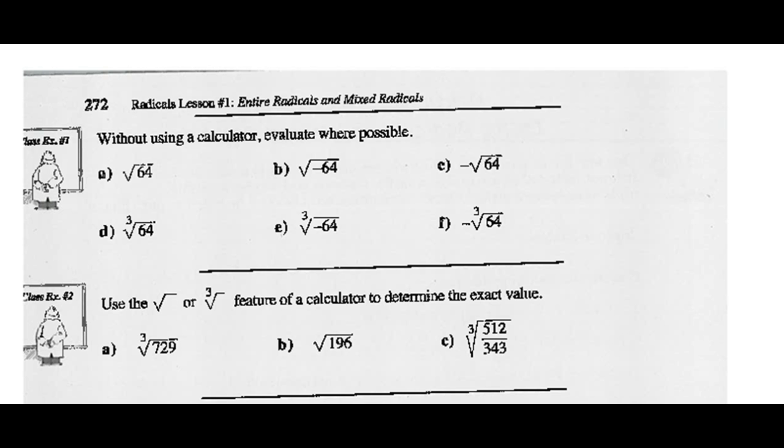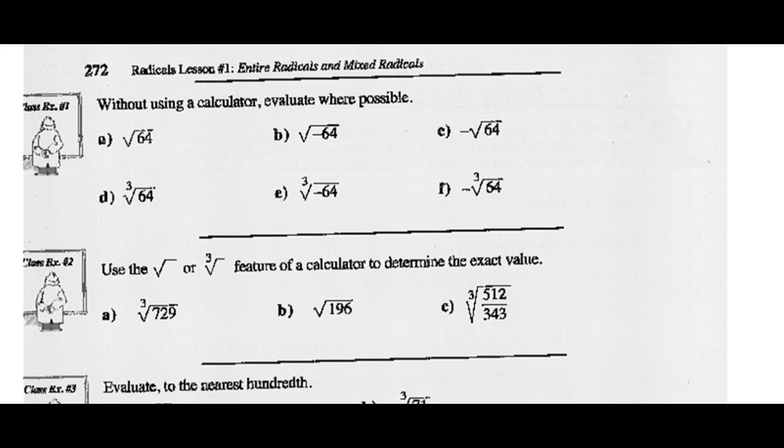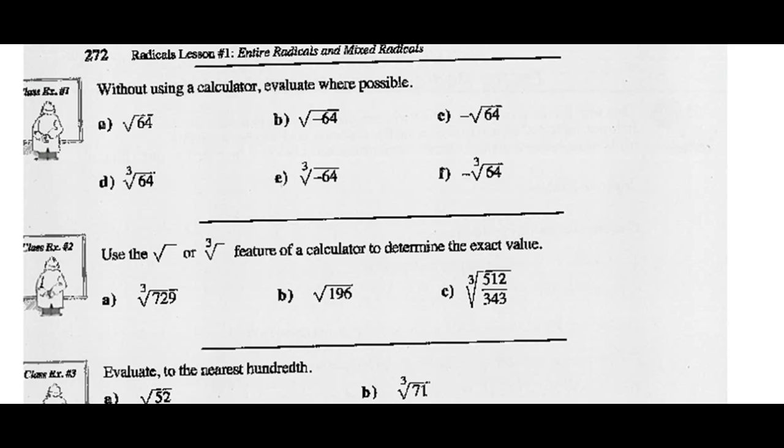So example 7, without using a calculator, evaluate where possible. What is the square root of 64? Well, because that's given to us, there's only one square root, and that's positive 8. What's the square root of negative 64? There isn't one. No square root.